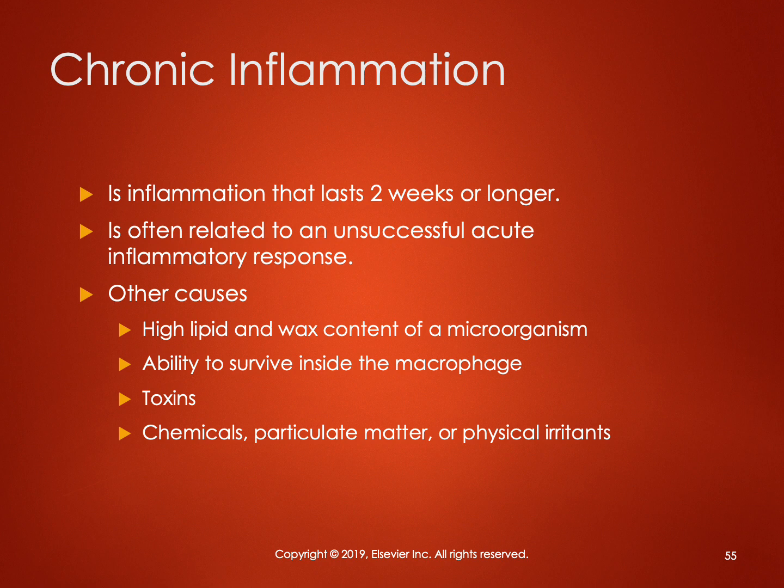Chronic inflammation is diagnosed or defined as such based on time and time alone: 2 weeks or longer. Chronic inflammation can be the result of an unsuccessful treatment of an acute inflammatory response, or it can just be a direct process that has occurred.